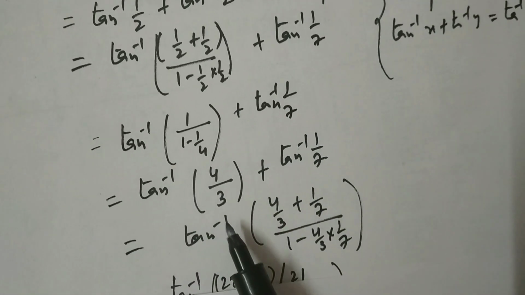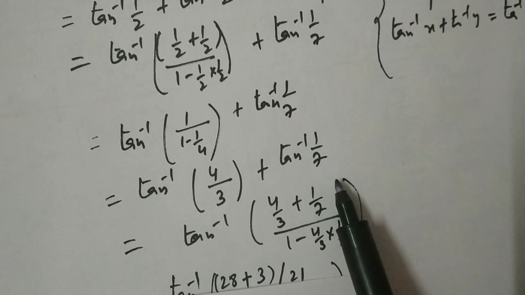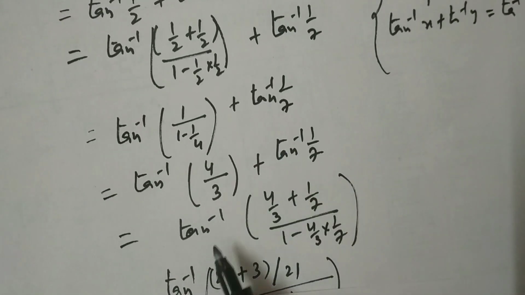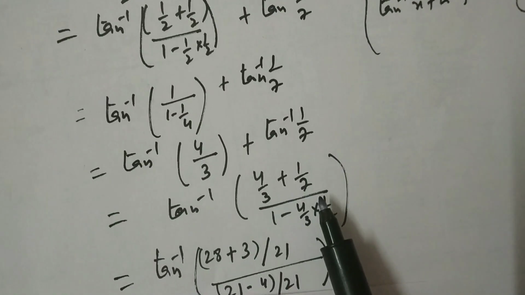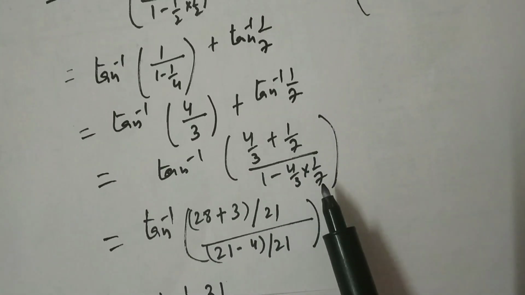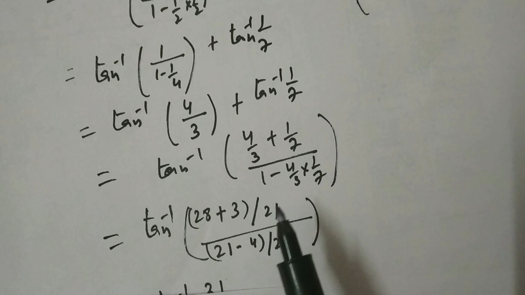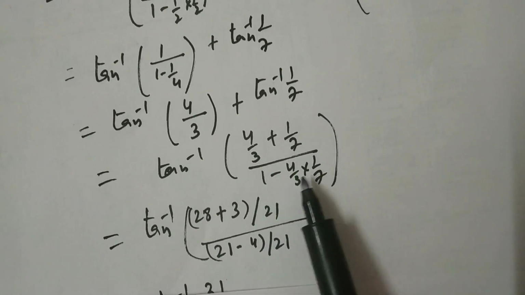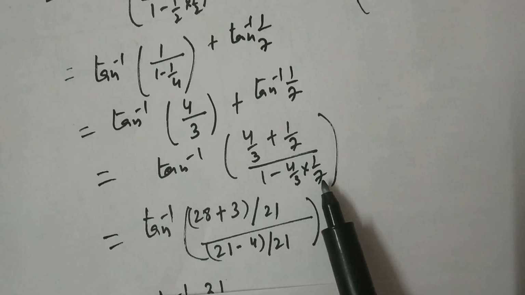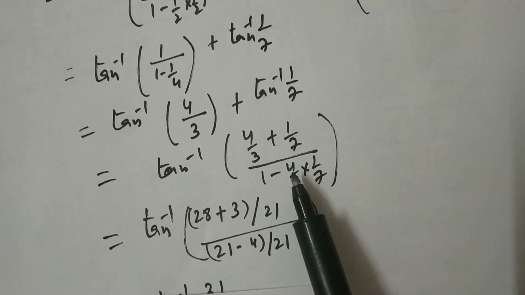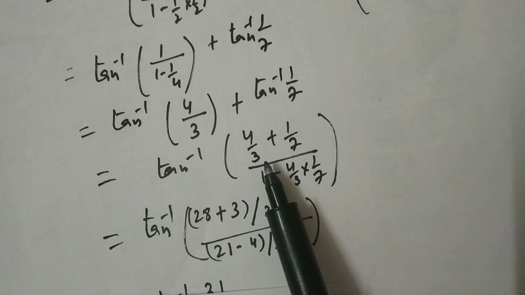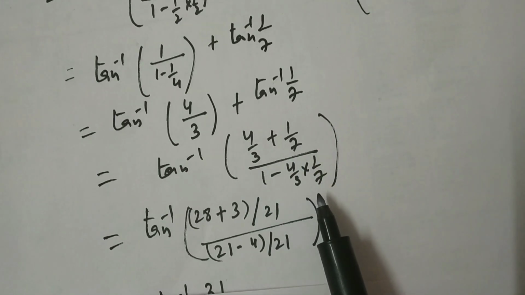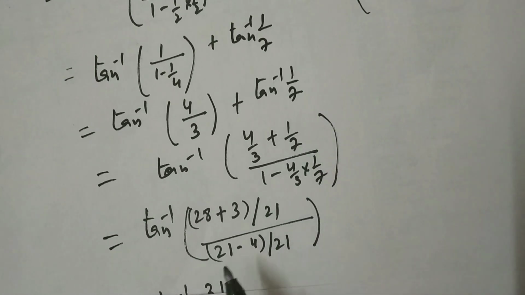So I get tan inverse 4 by 3 and tan inverse 1 by 7, and again I apply the same formula, which gives me tan inverse of 4 by 3 plus 1 by 7 upon 1 minus 4 by 3 into 1 by 7. Now I advise you, if you have a denominator and numerator that can cancel each other, don't cut it directly, because the denominator will come the same in the numerator and here also, so it will be easy for you to cancel it out.